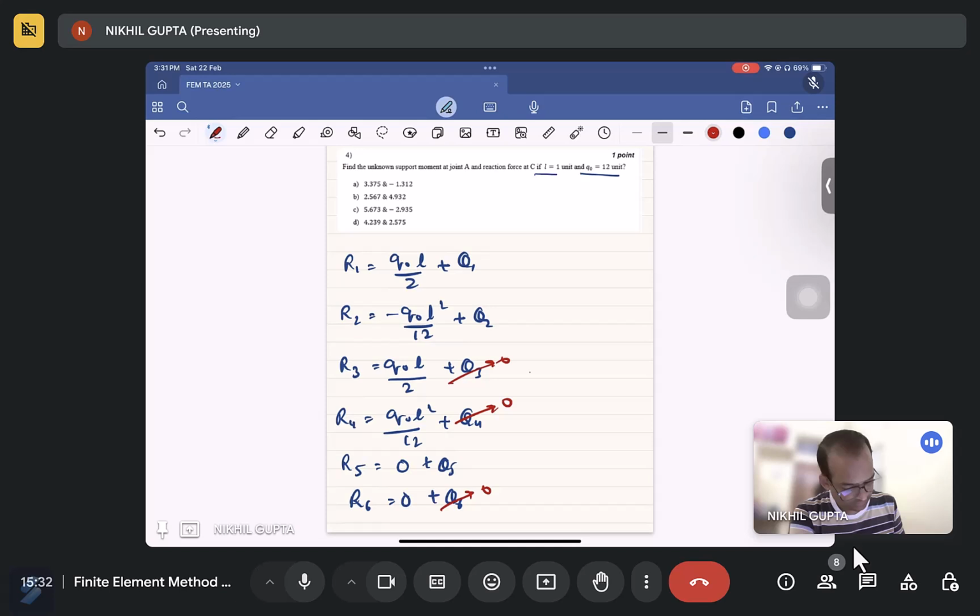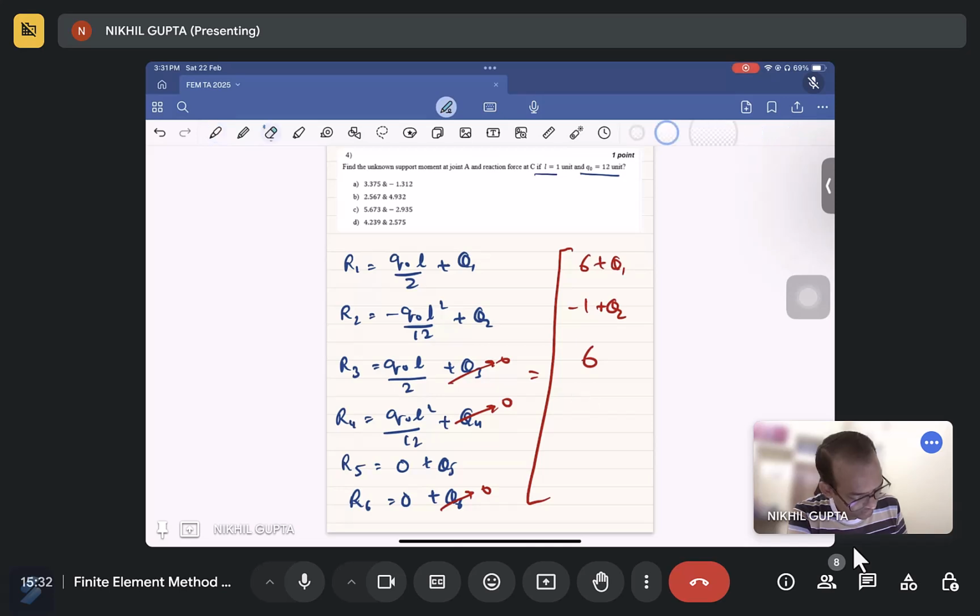When you put the values of L and Q naught, what we get is 6 plus Q1, then minus 1 plus Q2, then 6, then 1, then Q5 and 0.